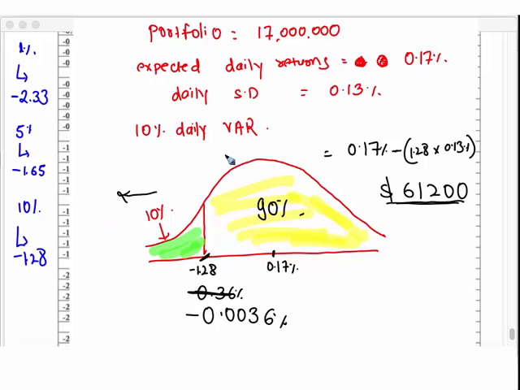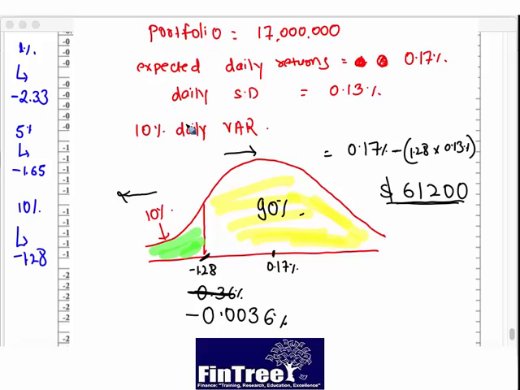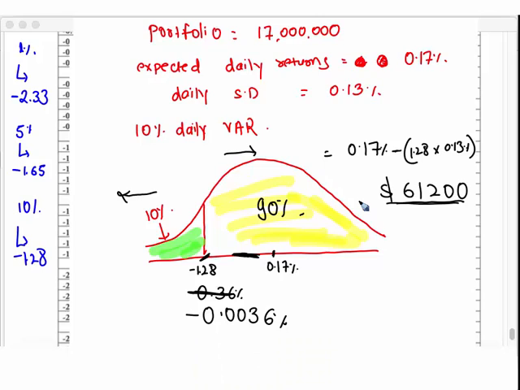That means there is a 90% chance that your losses will be less than 61,200, or you will have a profit. Right tail includes profit as well, isn't it? There is some point which is zero somewhere here, zero returns. Somewhere between this. After that, to the right of it, we have profit.